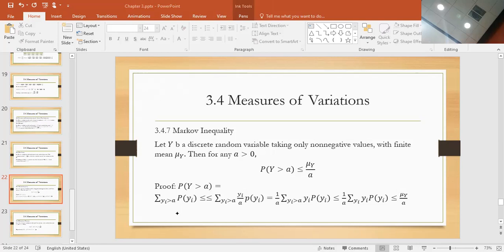This is now for all y, not just those that are bigger than a. And this is equal to 1 over a, sum of yi times p of yi. And this is equal to 1 over a times E of y. E of y is the sum of y times p of y. That's what you have on this that I'm trying to type. Typing is a little bit difficult.